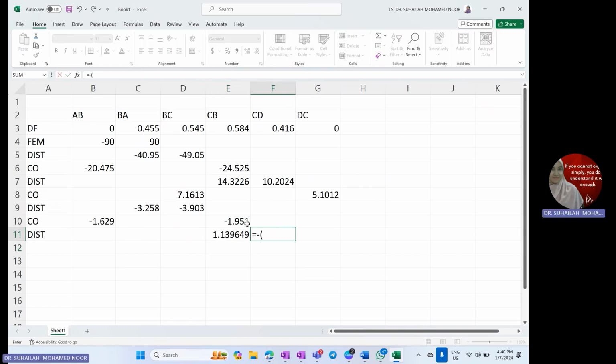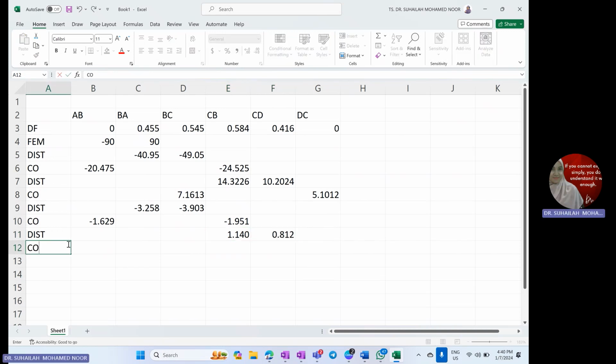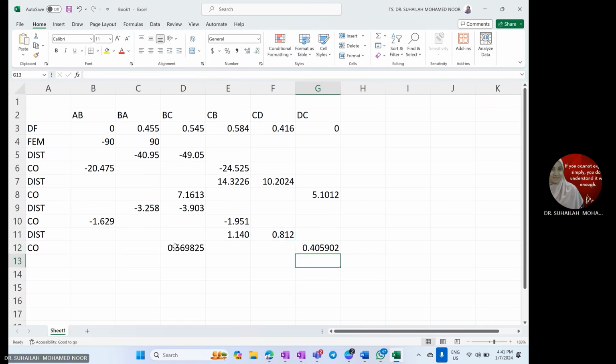Negative for opposite, times the factor. Carry over C to B, divided by 2, and this is also divided by 2.